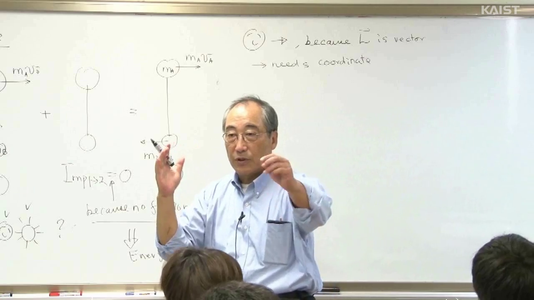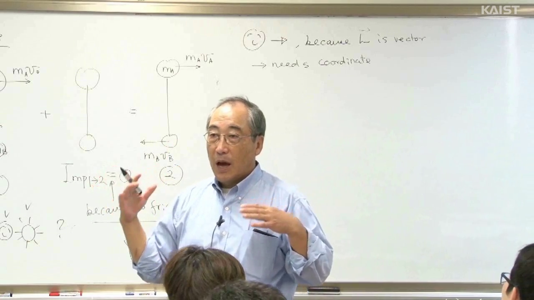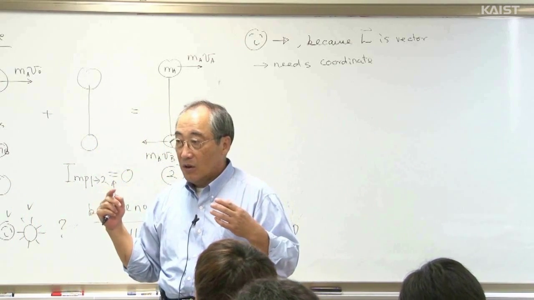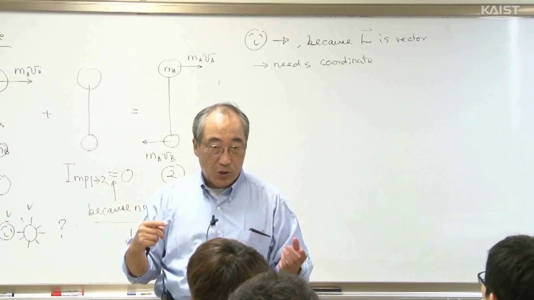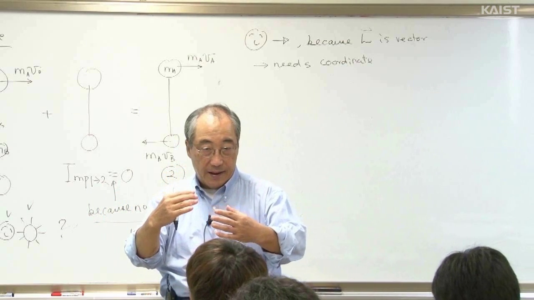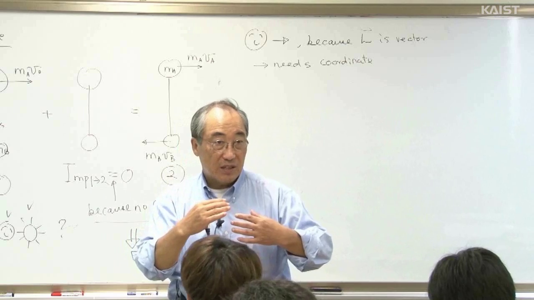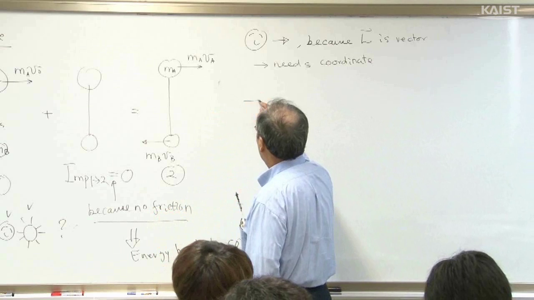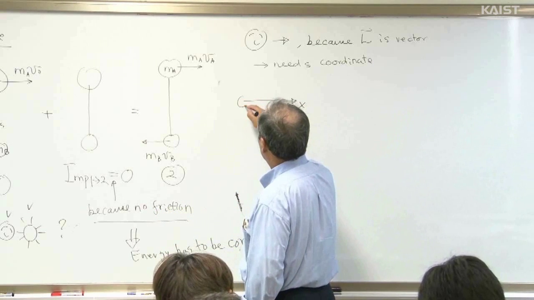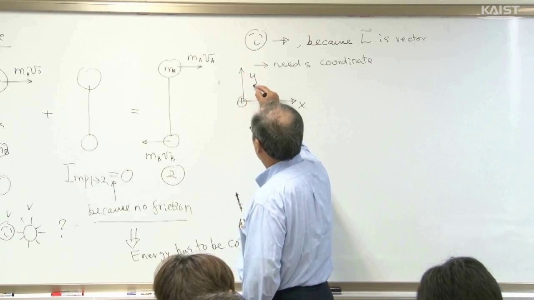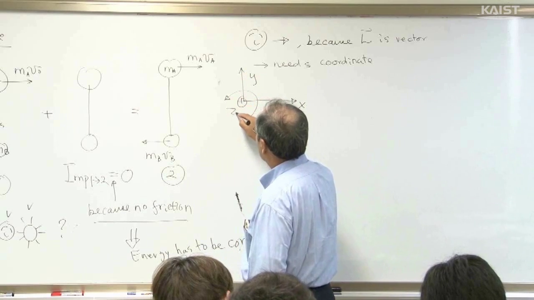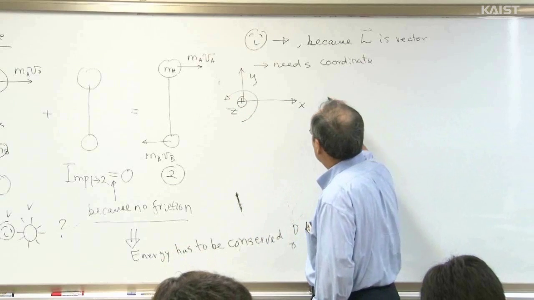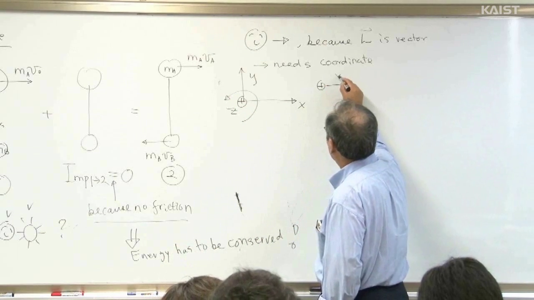You don't have to copy my reasoning, but I would like you to understand how I get the solution by applying and following the reasoning. So I say I have coordinate x plus, y plus, and coordinate z plus, because it is very general. So let's see what happens in the x direction.